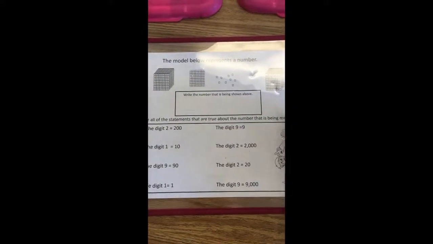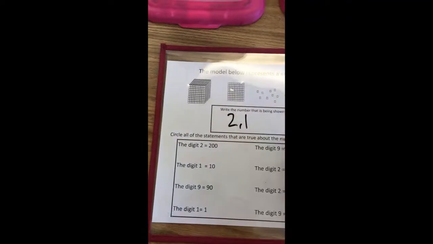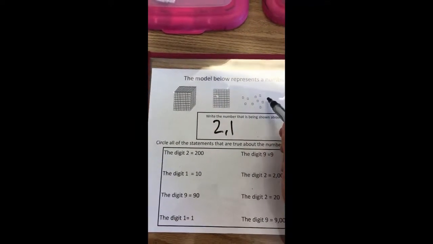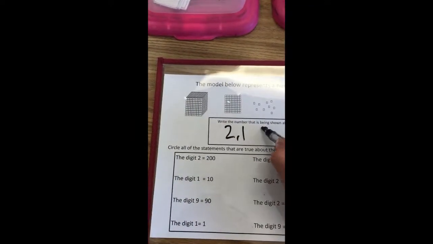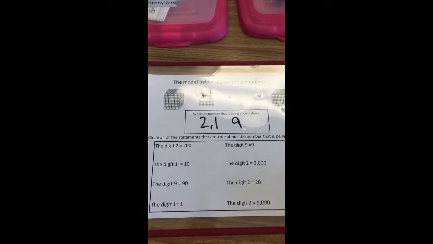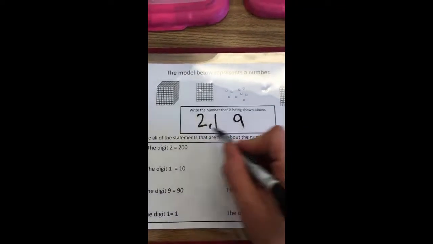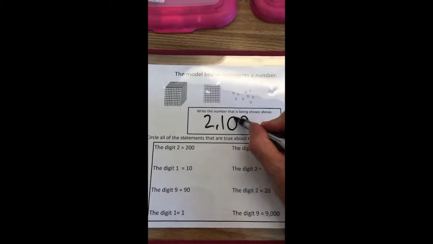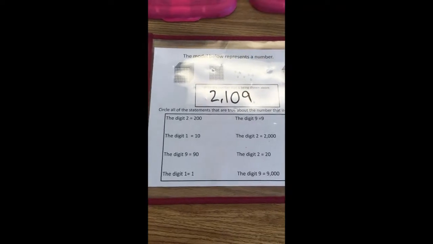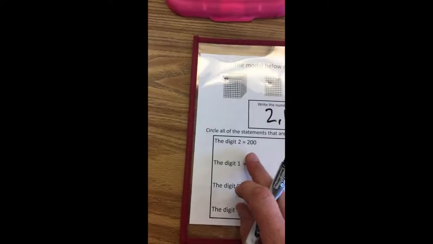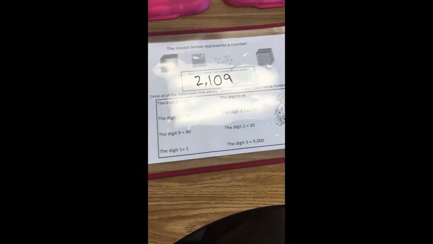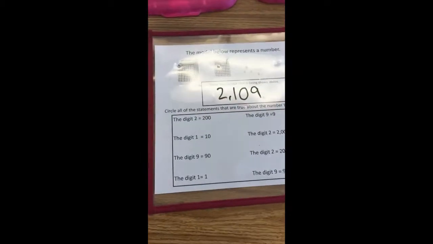So they see 2 thousands, they see 100, they see 100, and then 1, 2, 3, 4, 5, 6, 7, 8, 9, 9 ones. All right, and this one's a bit of a trick just to make sure they're really thinking and not putting that 9 in the tens place, because they can fall into that habit. Just making sure that if they see a place that doesn't have anything, they put that placeholder of a 0 there. And then they answer the question by circling all the statements that are true about that number, having to do with place and value again.